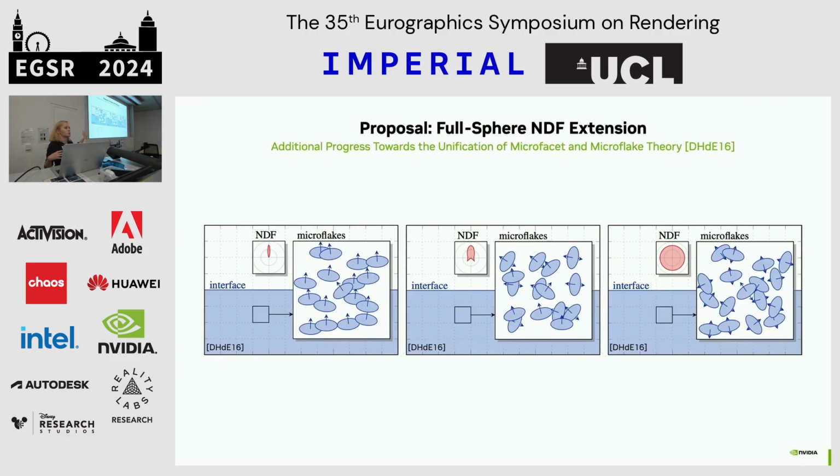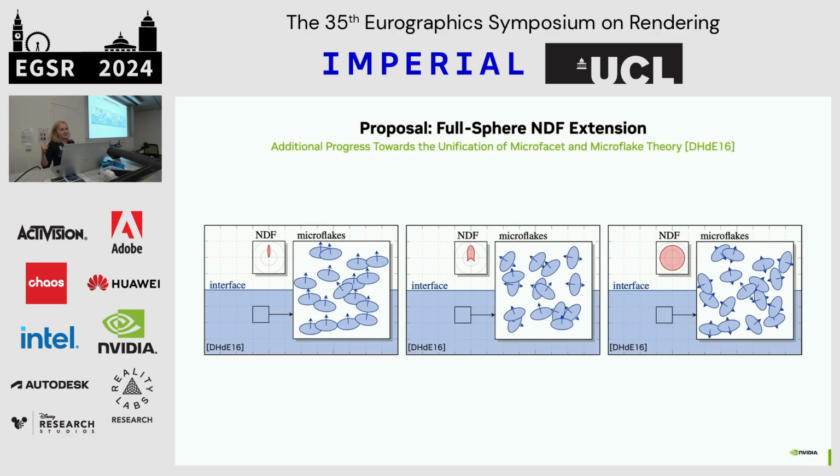Great, but this is actually not what we are really interested in in this paper. What they also mentioned towards the end of the paper is that they present a theoretical concept. They propose to extend the NDF, which is normally specified in the upper hemisphere, to an entire sphere. And this means that the faces point down. They argue that by doing this, you can create a continuous representation for materials which go from surface to volume.